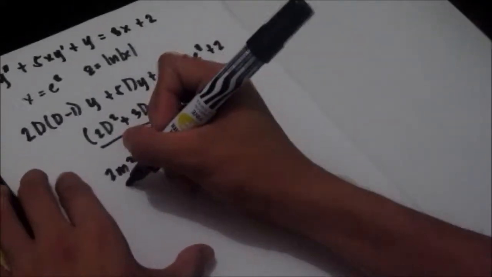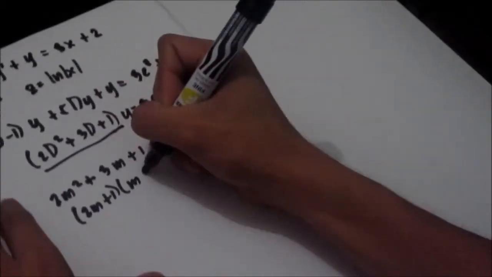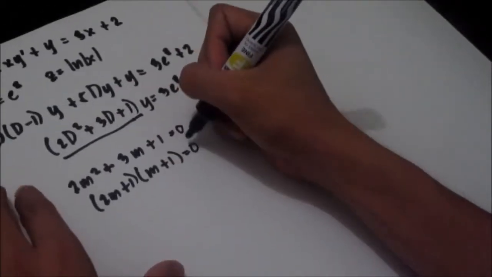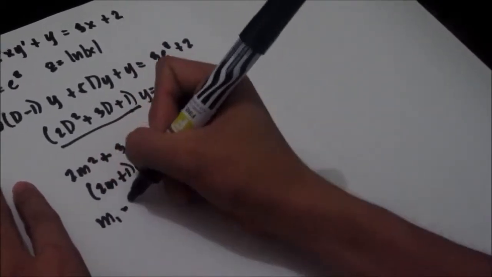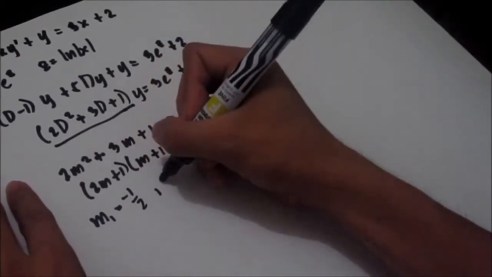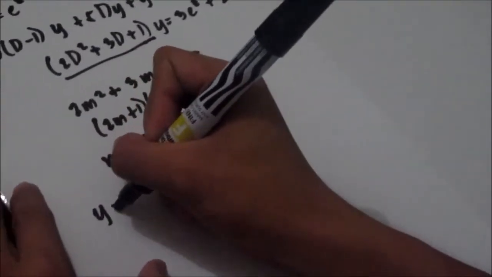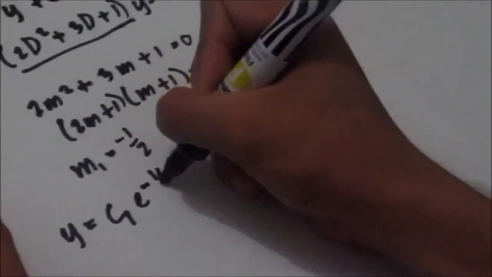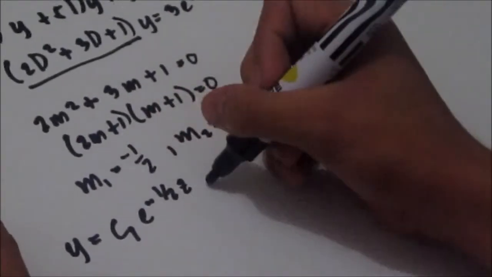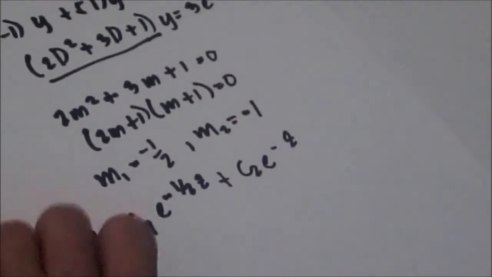By factoring, we will get 2m plus 1 times m plus 1 equals 0. So we will now have the roots m1 equals negative 1/2 and m2 is equal to negative 1. Thus, we will have the complementary function y equals c1 e to the negative 1/2 z plus c2 e to the negative z.